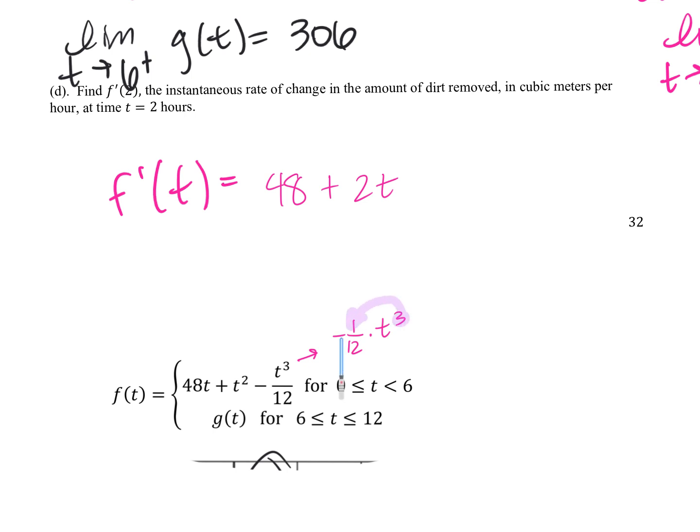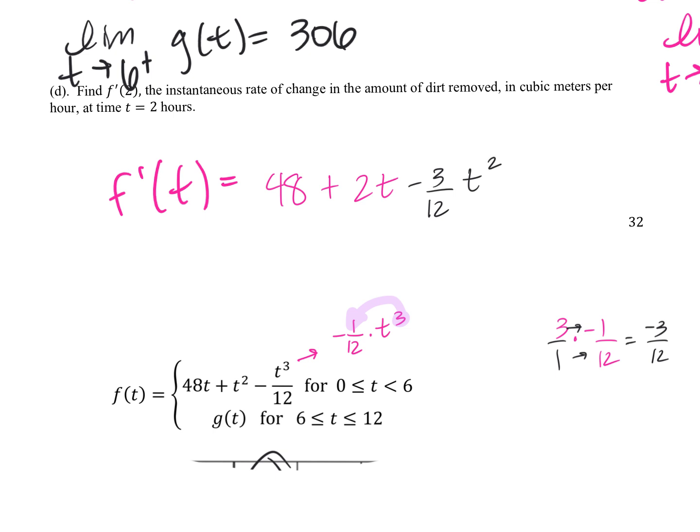What would 3 times negative 1/12 get me? 3 times negative 1/12. Yeah, we just multiply straight across. Negative 3/12. You guys okay with that? So we could say negative 3/12 or 1/4, t to the second.